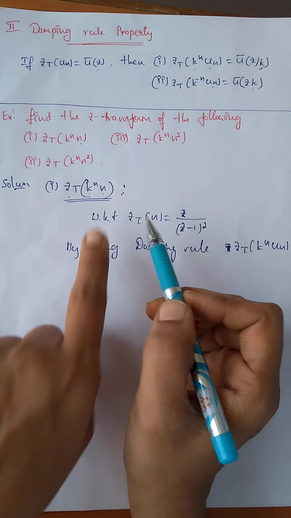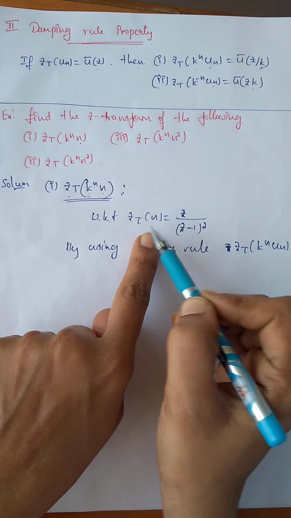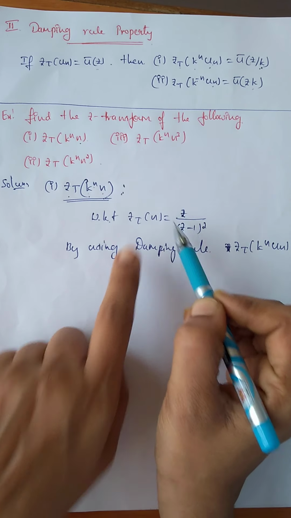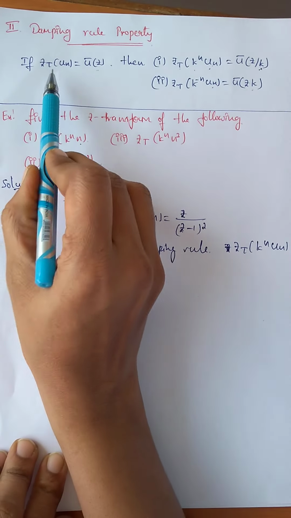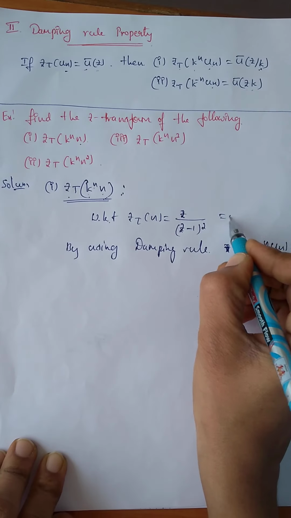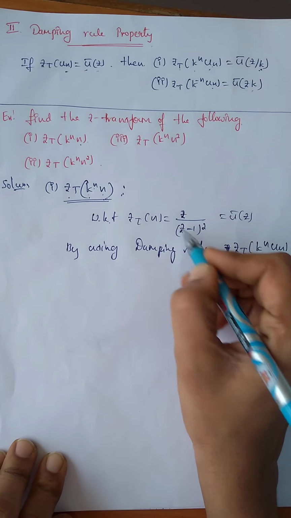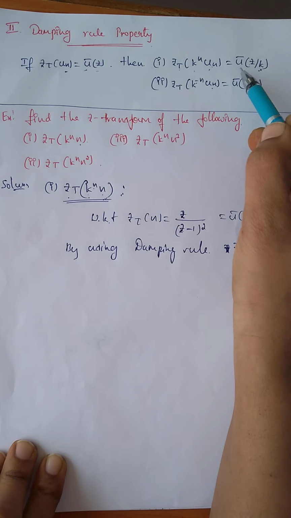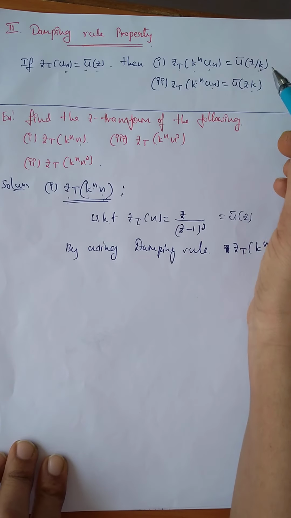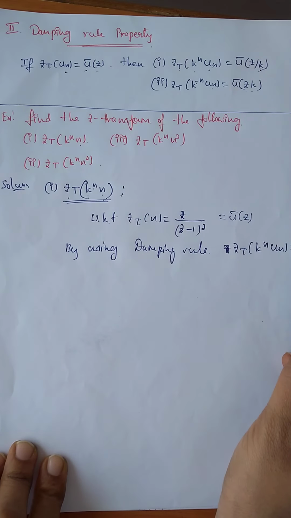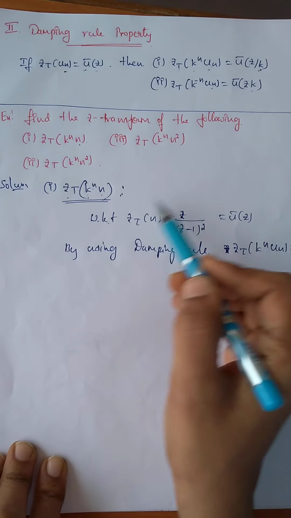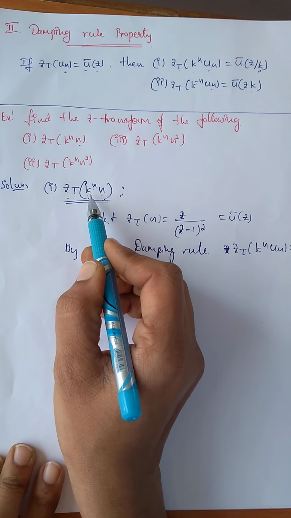So Z transform of u(n), I consider as n. Z transform of u(n), nothing but n, is equal to z by z minus 1 whole square. We got u bar of z. Okay, we have to find u bar of z by k, means just replace z by z divided by k term.